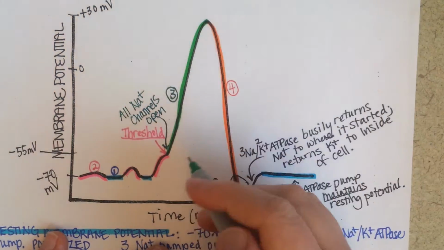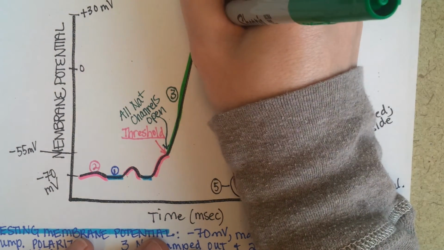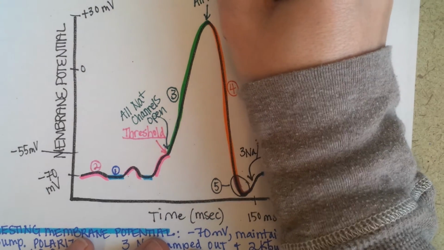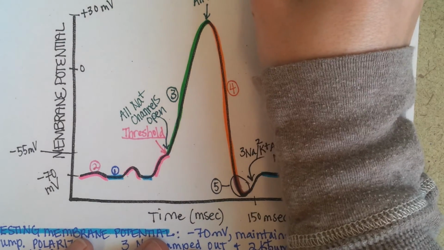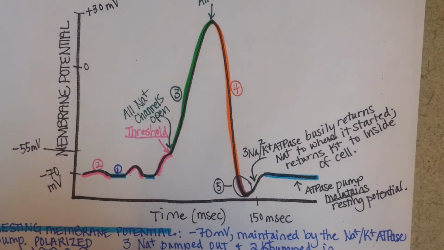And it seems like almost just as quickly you go up, whoosh, all the way to the top, and then at this point, all sodium channels close. And then potassium channels open.